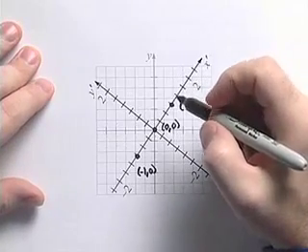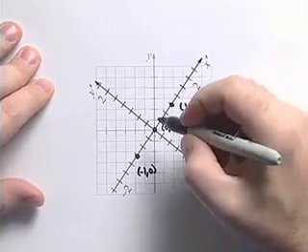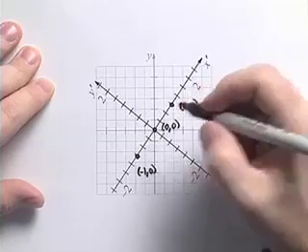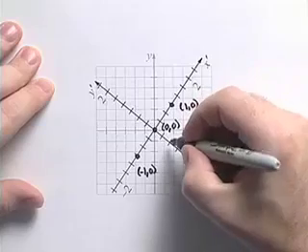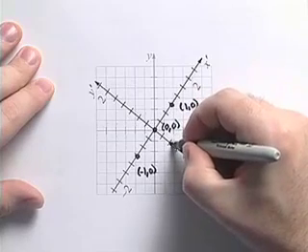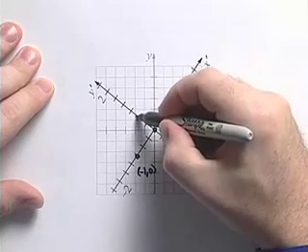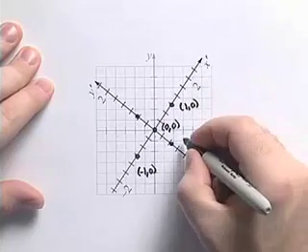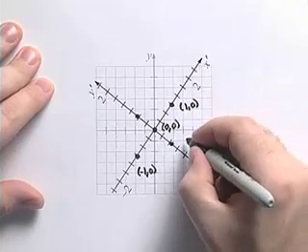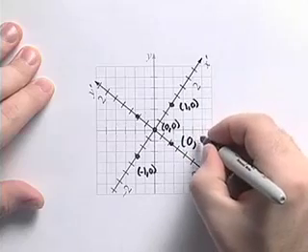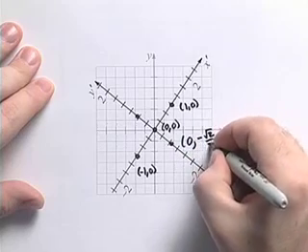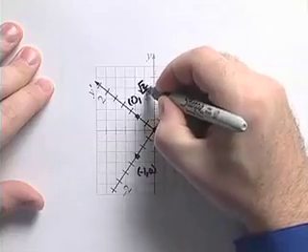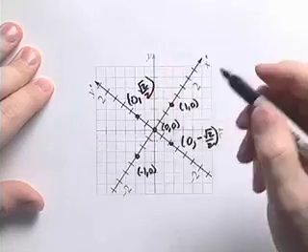The intercepts along the minor axis are going to be at 0, plus or minus roughly 0.7, because we have the square root of 2 over 2. So we're going to go down to about here and then up to about there. Those are the intercepts along our minor axis: 0, negative square root of 2 over 2, and 0, positive square root of 2 over 2.